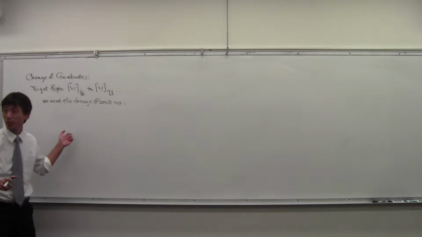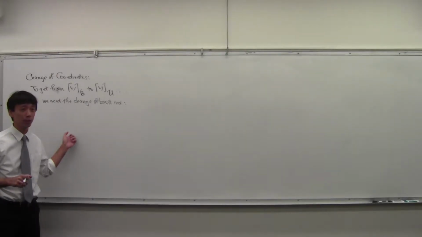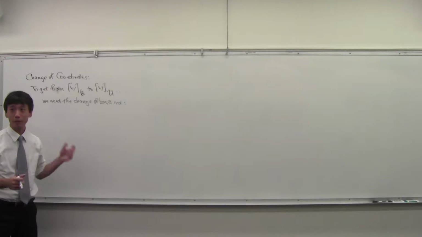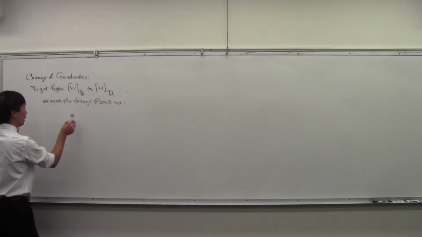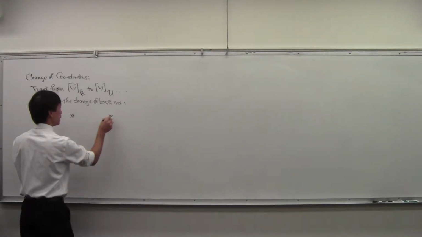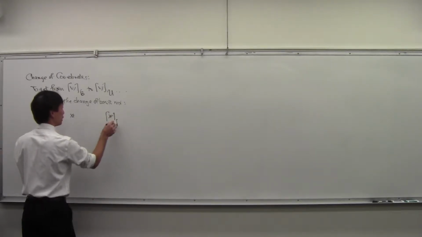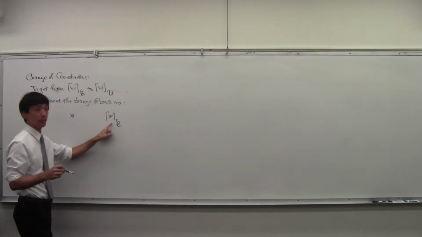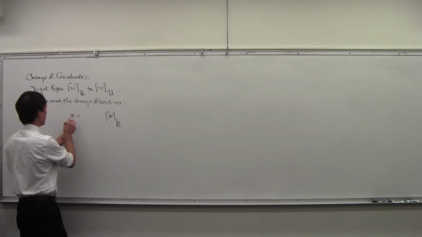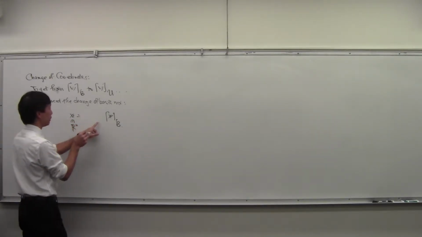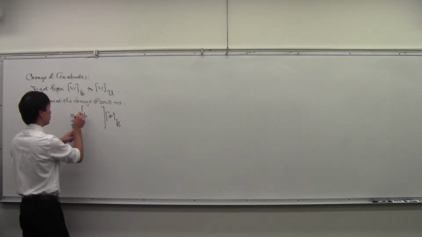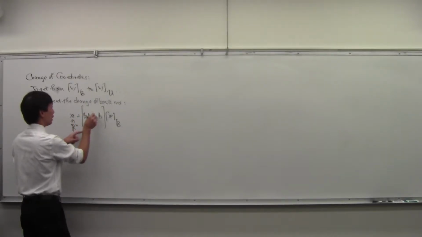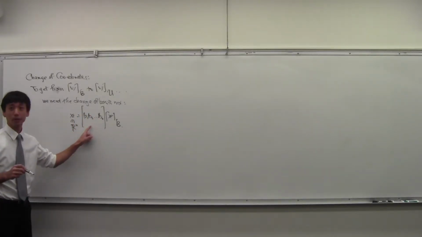And what was the change of basis matrix? How do we get it? Well, if you forget, we can always reconstruct it. I know that if I have a vector and its coordinate vector with respect to B, that means my vector in R^n is this thing times B, the matrix whose columns are the basis elements.